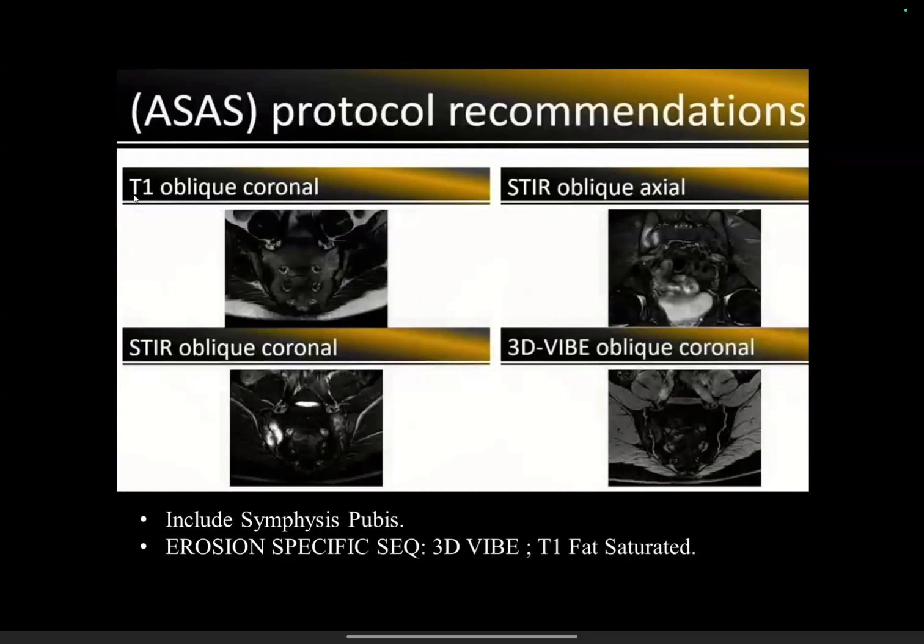So, coming to the ASAS protocol, the imaging protocol includes T1 oblique coronal. Oblique makes the whole SI joint visible and clearer, and any abnormality we can pick up better. STIR oblique axial, STIR oblique coronal, and an erosion specific sequence, preferably a 3D sequence, so 3D VIBE or T1 fat saturated.